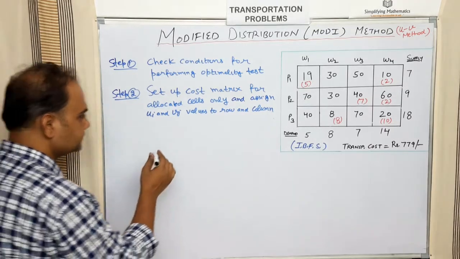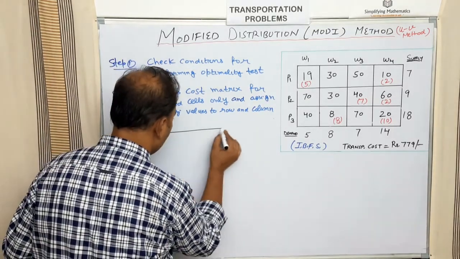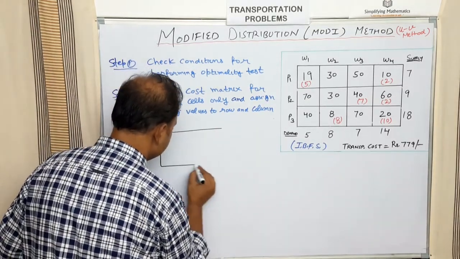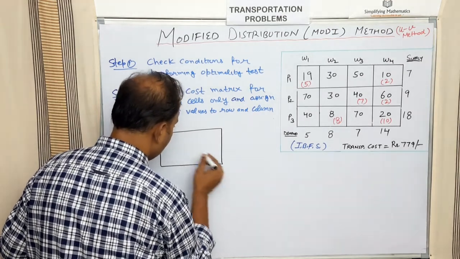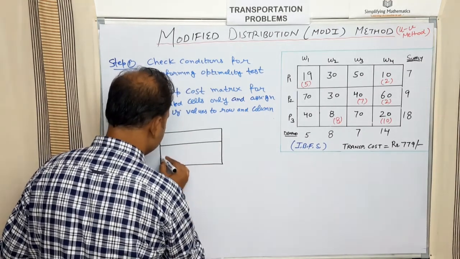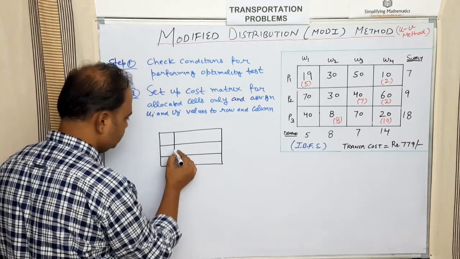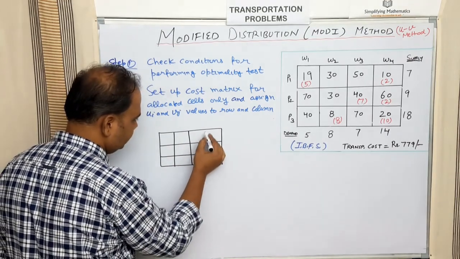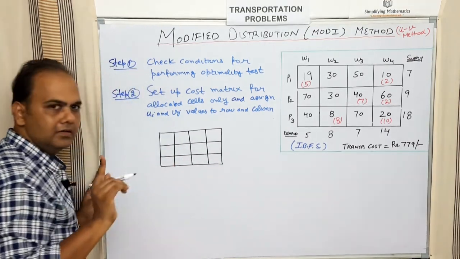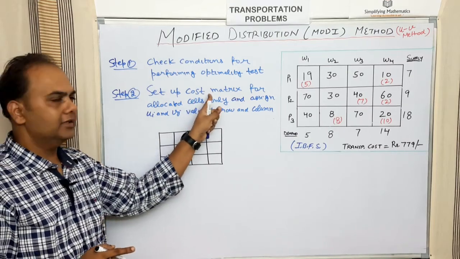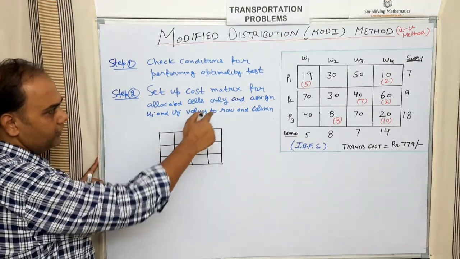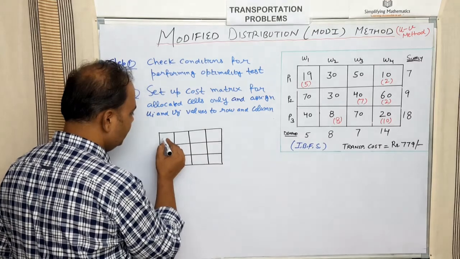So how? I will draw a matrix. The matrix is 3 by 4. The first step is to set up the cost matrix, so we write down the costs corresponding to the allocations.